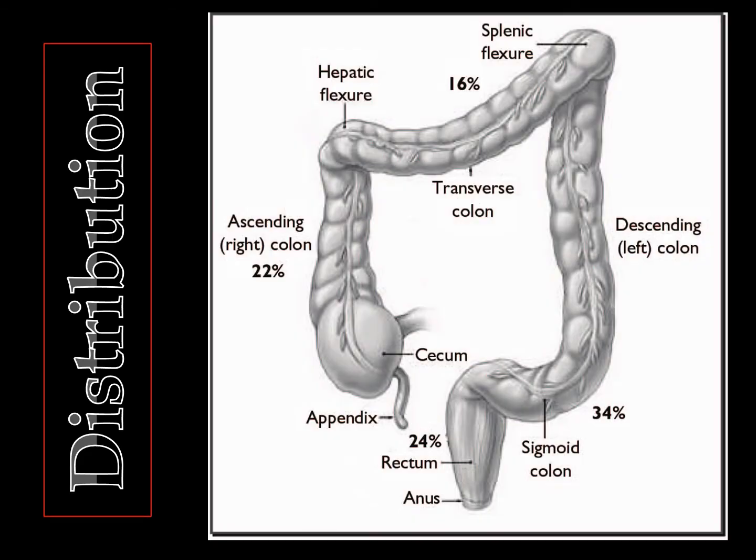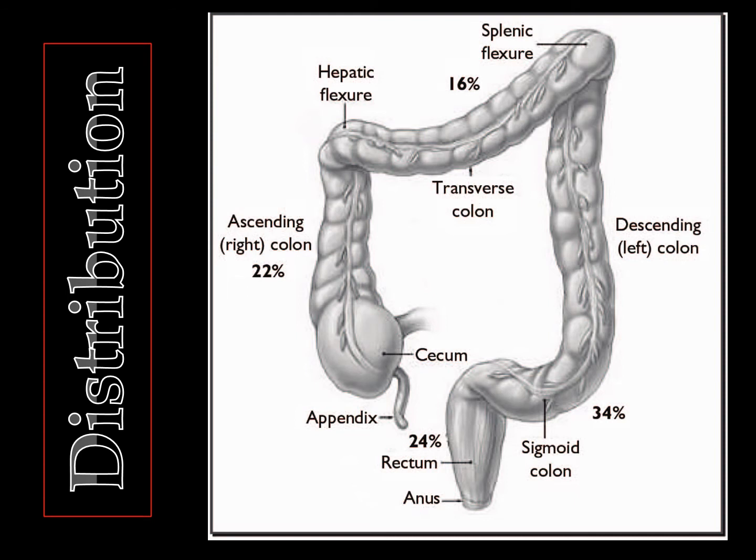Coming on to the incidence of colorectal malignancy in the colon, most of the colonic malignancy occurs on the left side of the colon, and among this the most commonly affected area is the rectum.